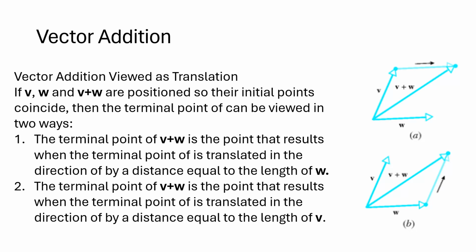The terminal point of v plus w is the point that results from translating the terminal point of vector v in the direction of w, by a distance equal to the length of w.